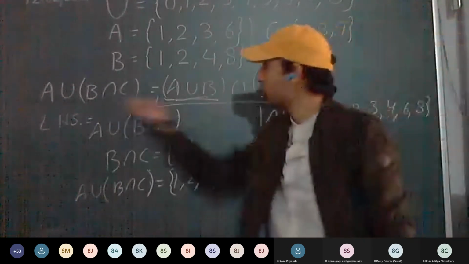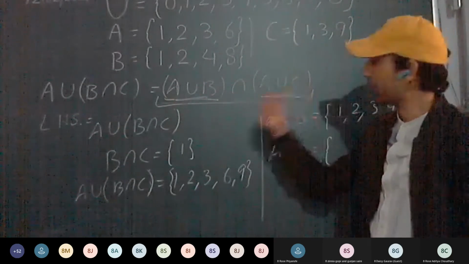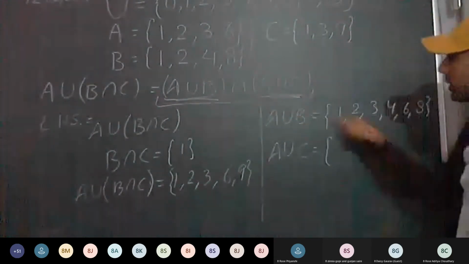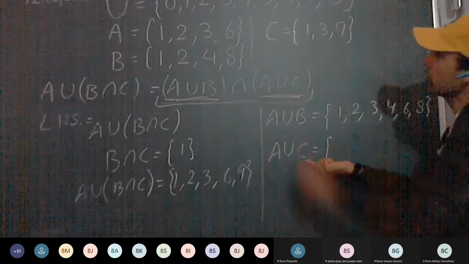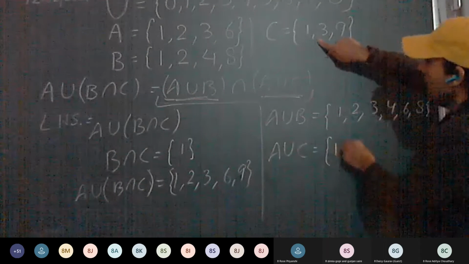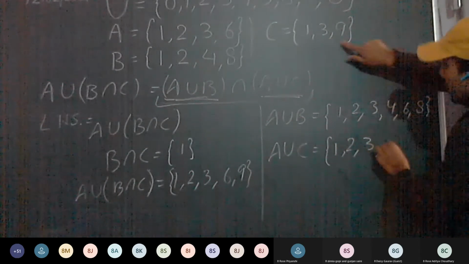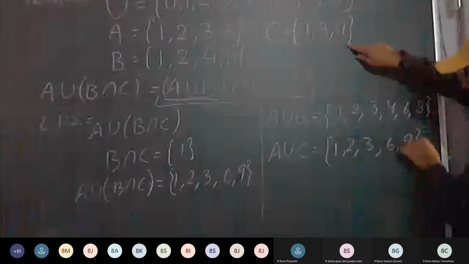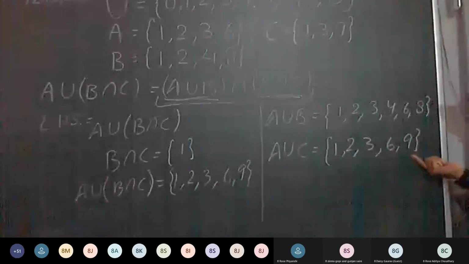So see, first we are solving the brackets. With numbers as well, first we solve the brackets. So A union B we solved. Now A union C we'll be solving. A union C will be 1, 2, 3, 6, 9. Understood this one? Now take their intersection.